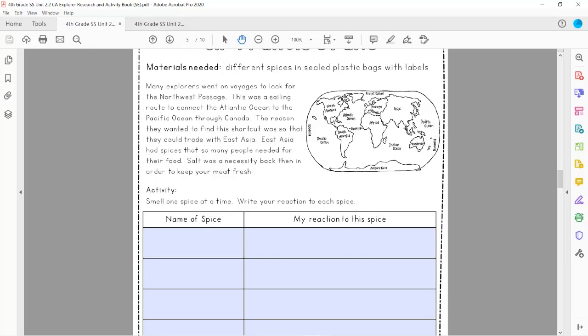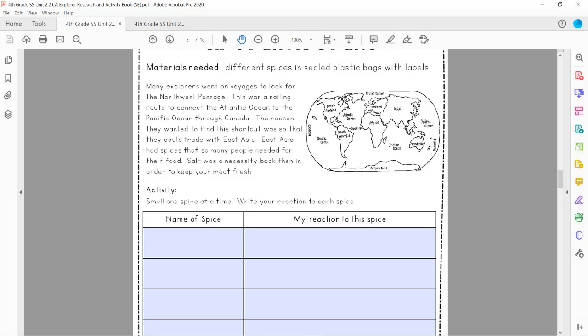So a lot of the times the explorers went on these voyages looking for the Northwest Passage, and they would come across these different groups of people on various travels. So one of the places where they would find a lot of unique spices wasn't actually North America. It was when they were exploring in the East.